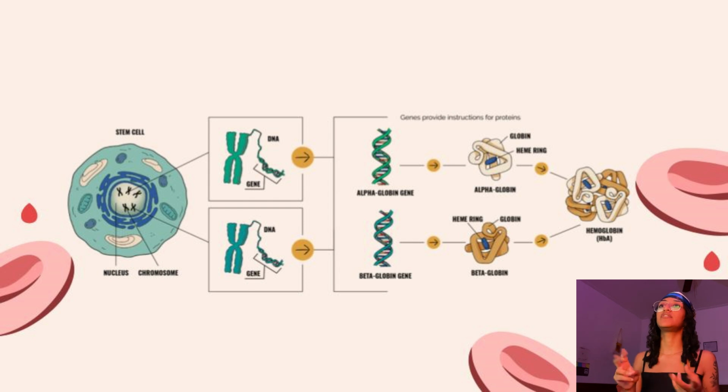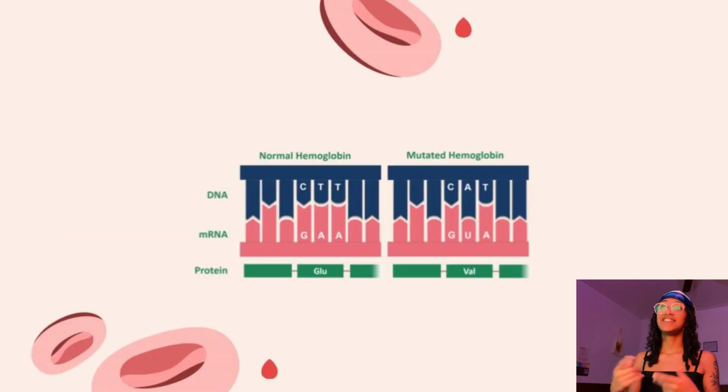And what happens here is that the beta globins are misshapen for a very small, or maybe not that small, detail, right? The gene that codes for this beta globin, the HBB gene, has a mutation on the second base of the codon, which changes completely the amino acid at the translation process.